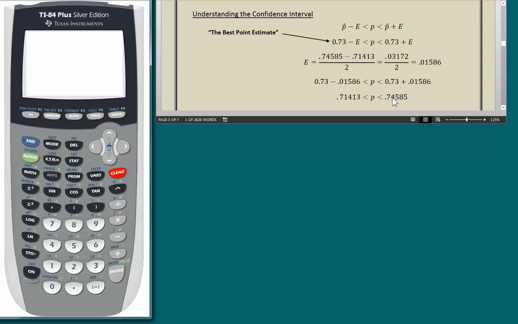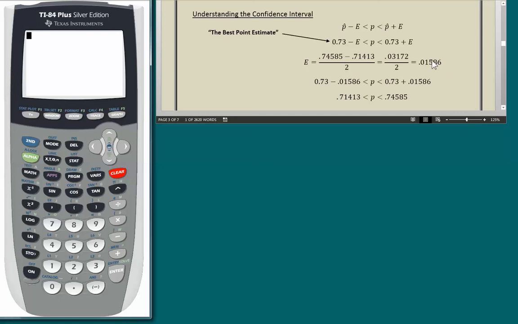The way we back into E, or the shortcut to E, is to take the high end of the confidence interval, that's right here, subtract the low end of the confidence interval, that's right here, and divide that answer by 2. So here you see, this is how we're going to do it. Here we've done that subtraction. This minus this equals this, divided by 2. And that answer is 0.01586. So that is the margin of error.